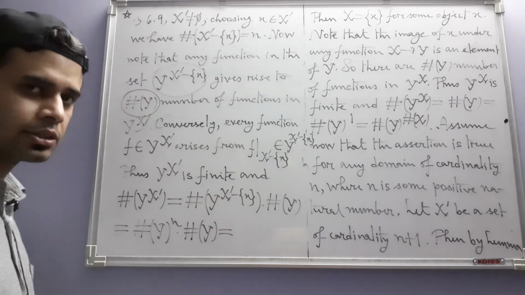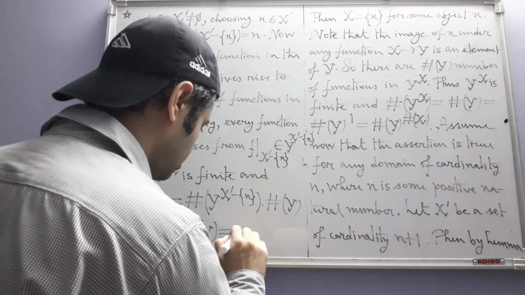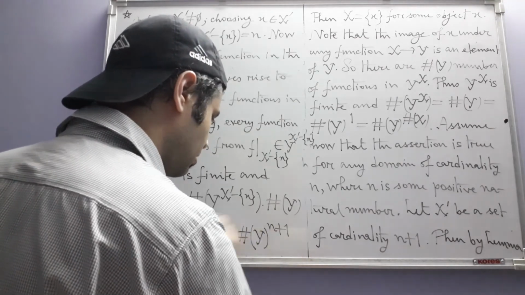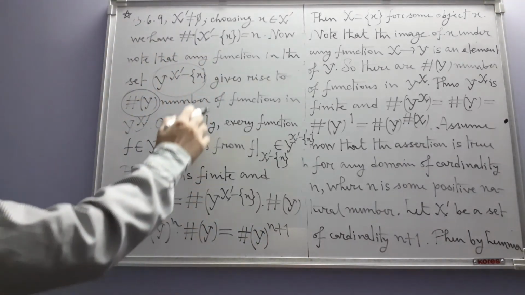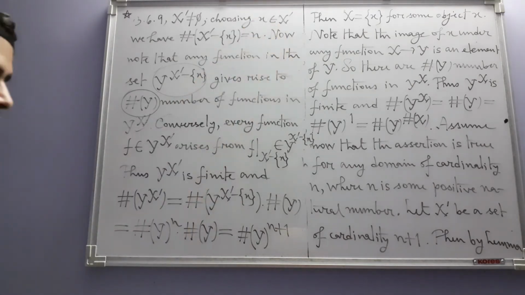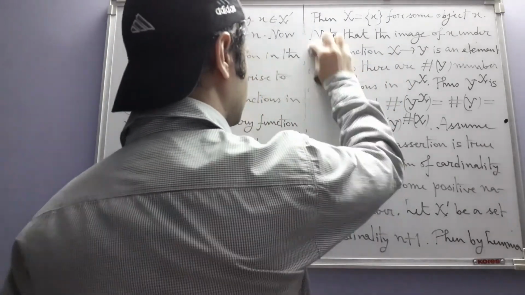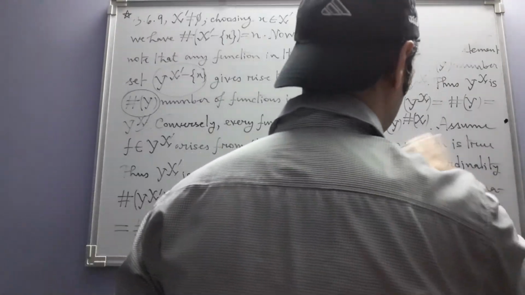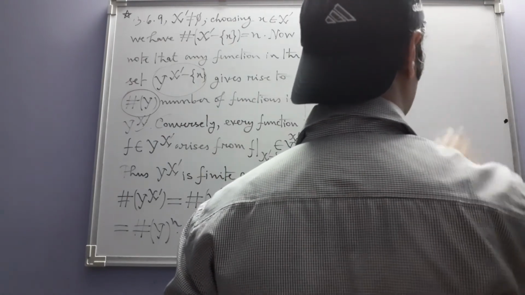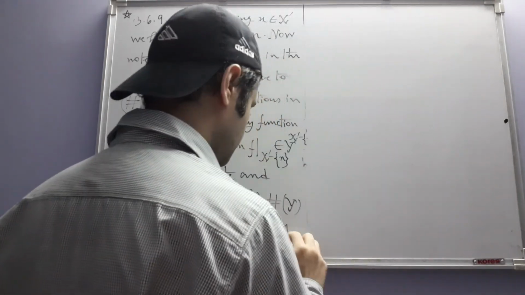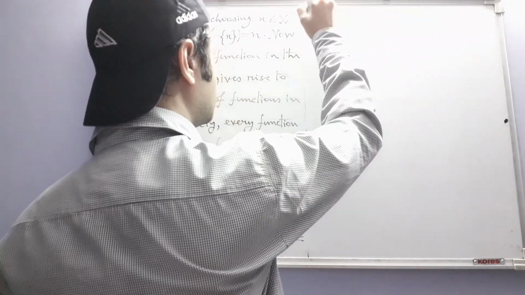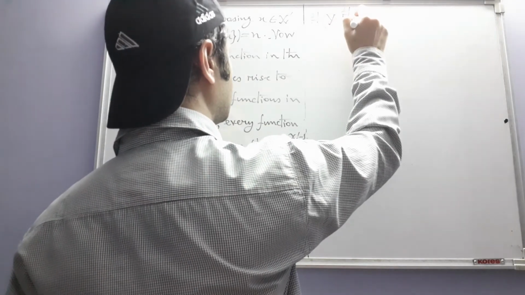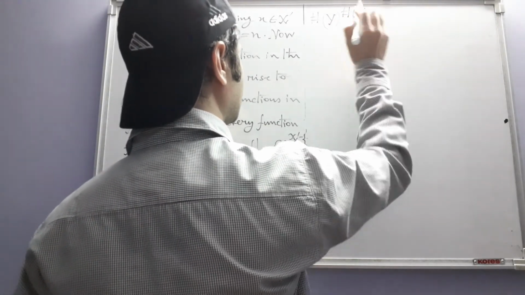By the definition of exponentiation, we have n plus 1, and n plus 1 is nothing but the cardinality of x prime, so this is equal to this.